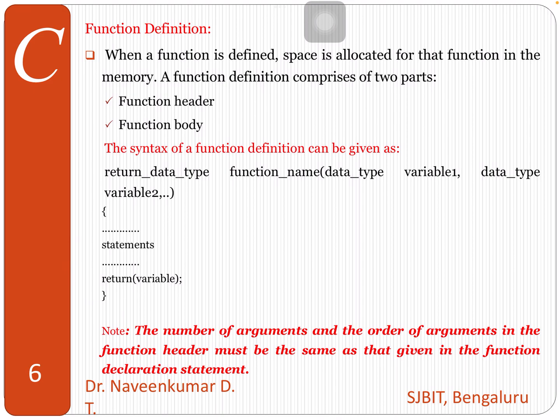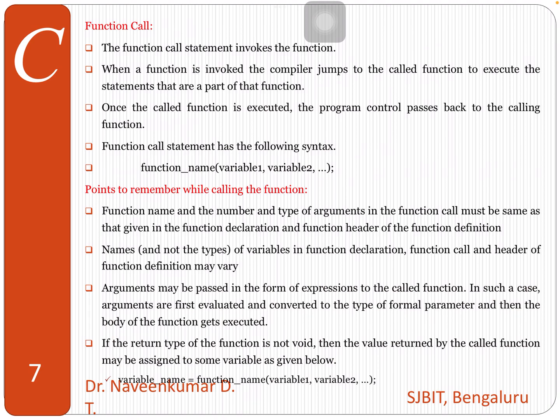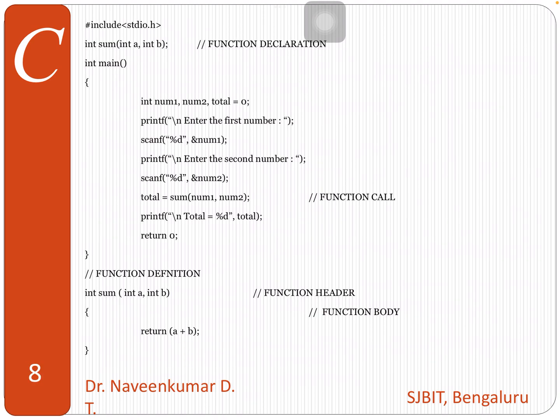And when you write a function, you must keep in mind that the number of arguments and the order of arguments in the function header must be the same as that given in the function declaration statement. For example, in the one example we see here, this is a function we have declared. How many variables are there?